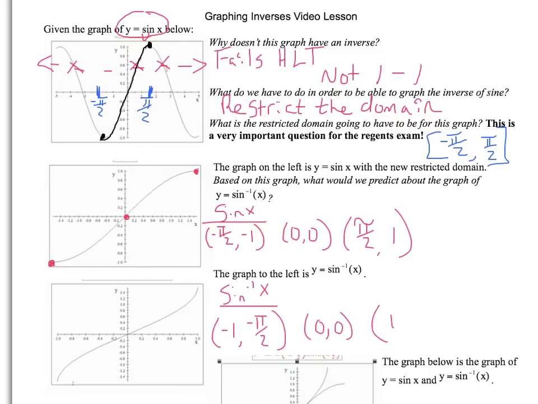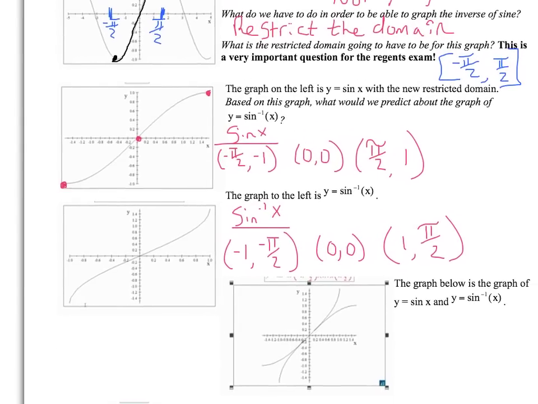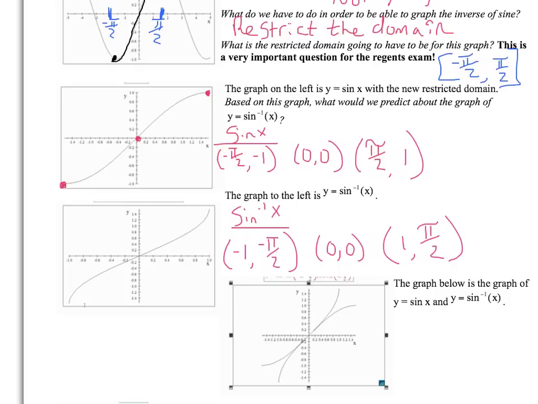And I'm also going to graph the point 1, pi over 2. If I look at this graph below, that's exactly what I did. Negative 1, negative pi over 2 is right here. 0, 0 is in the middle. And 1, pi over 2 is right there. So based on those 3 points, I was able to draw my new inverse graph.